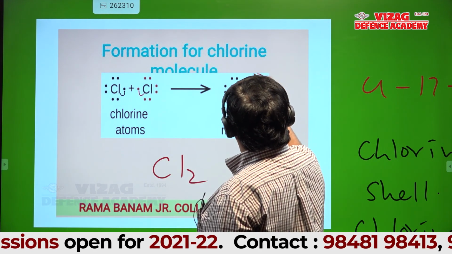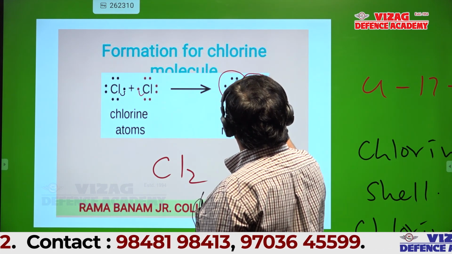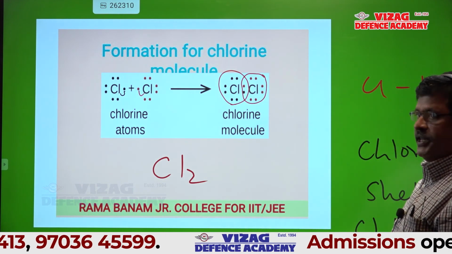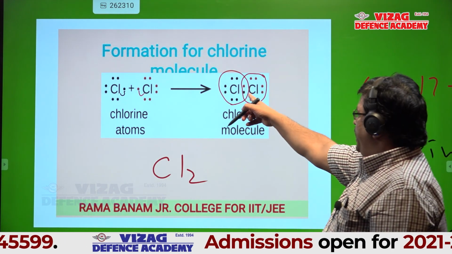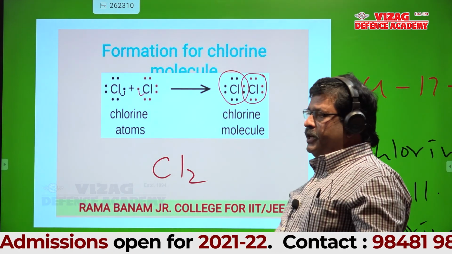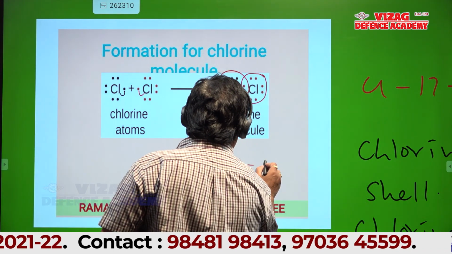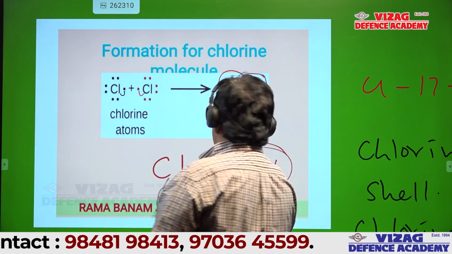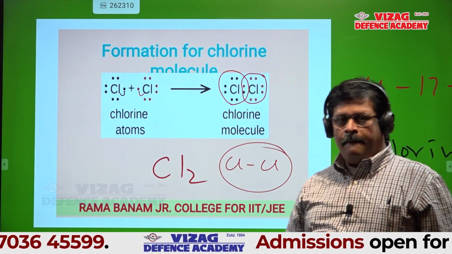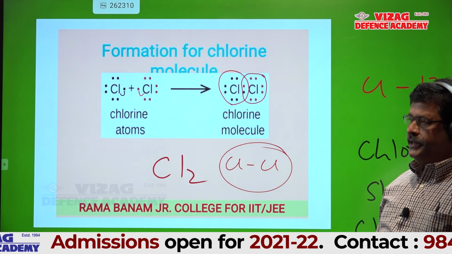Around each chlorine after the bond formation, both have 8 electrons. That is the octet configuration. Because only 1 electron pair, or 2 electrons, is involved in the bonding, there is a single covalent bond between the 2 chlorine atoms in a chlorine molecule. Is it okay? Any doubt in this?